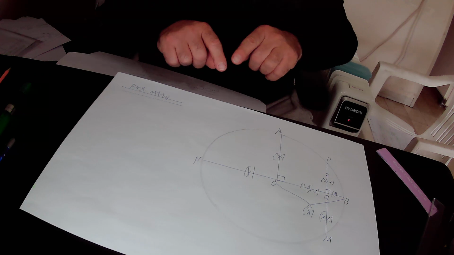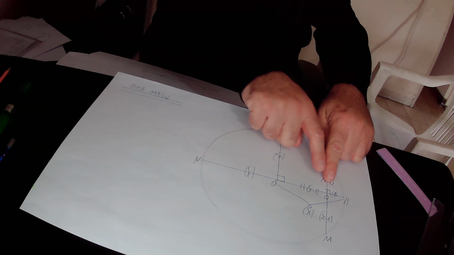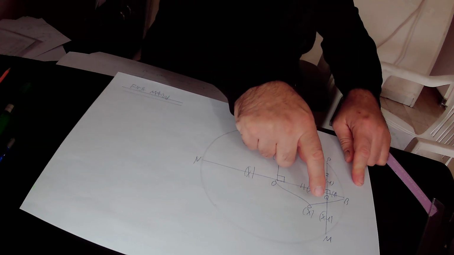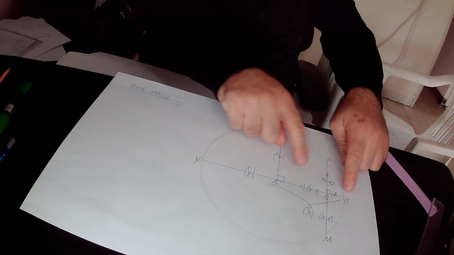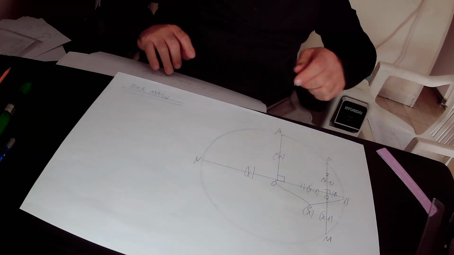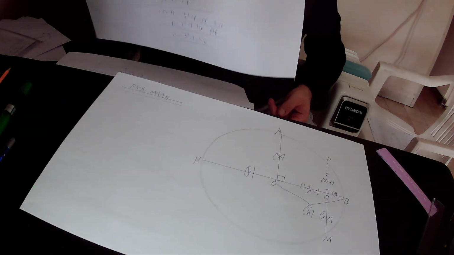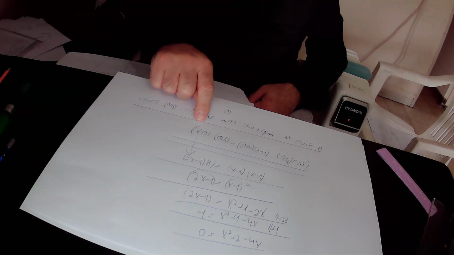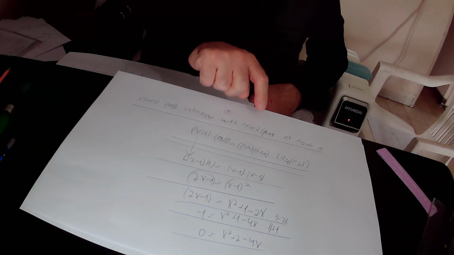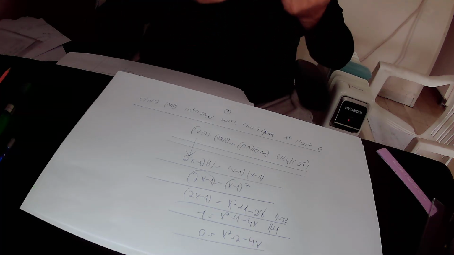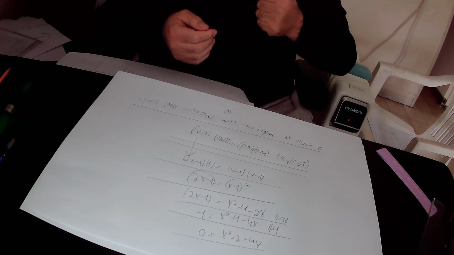According to Rule 65, the following equation is true: NQ times QB equals PQ times QM. This equation is the implementation of Rule 65 in our drawing.